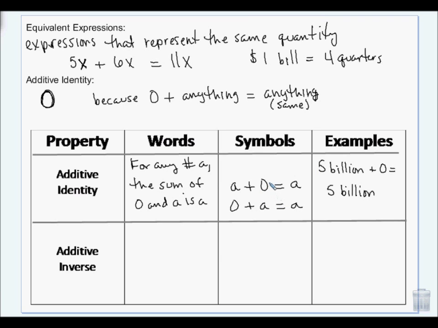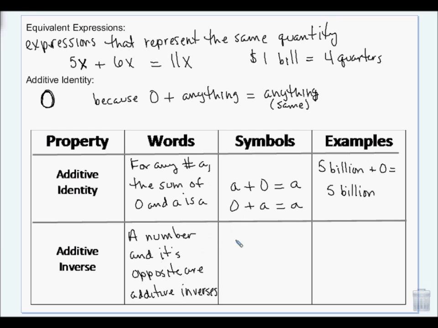Okay, the additive inverse. Additive inverses are numbers that when you put them together, you get 0. So a number and its opposite.